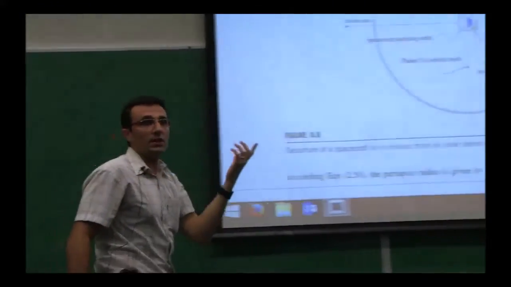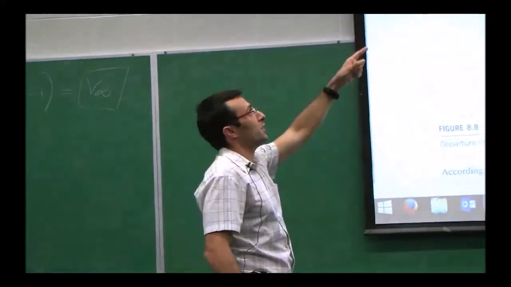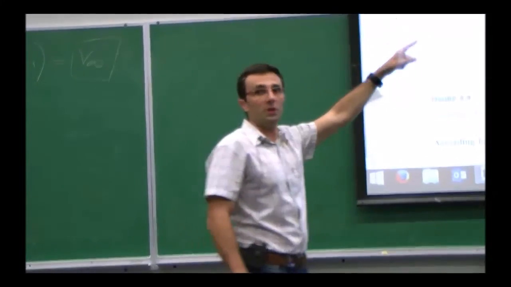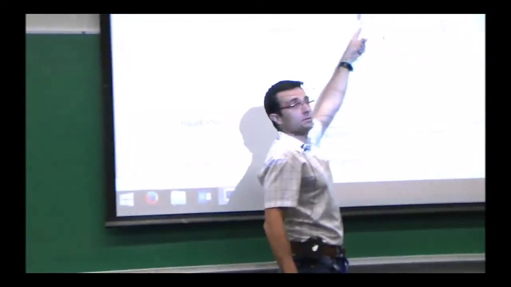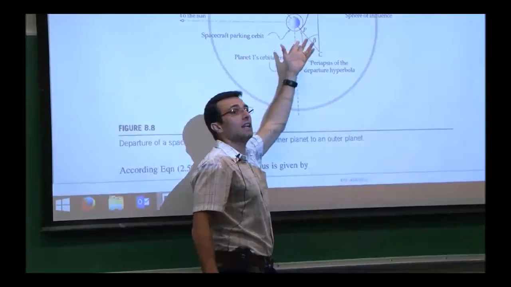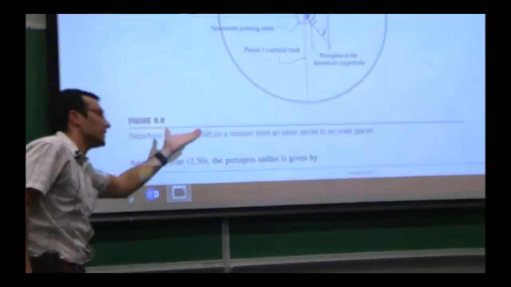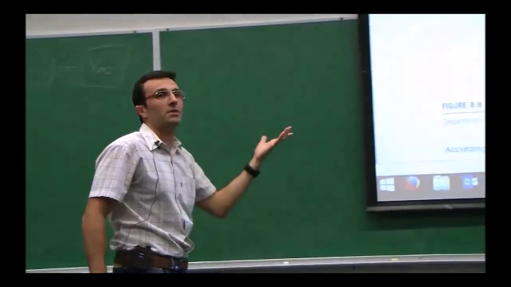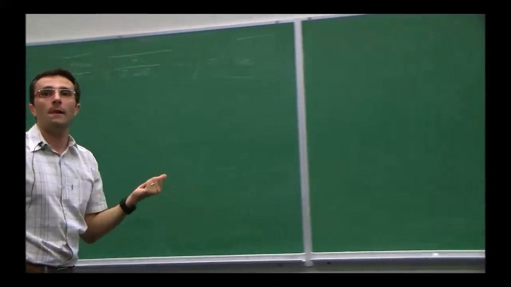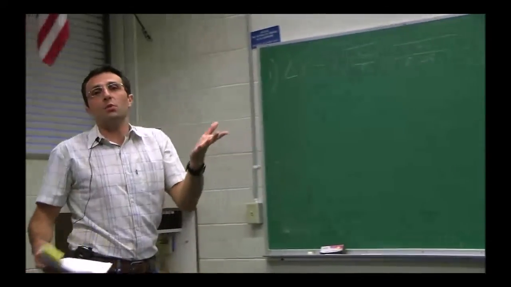So this is the difference now, that the delta V is not really occurring at the sphere of influence. You don't do anything at the sphere of influence. You do it here. Make sense? Unless you're launching from the planet already on a hyperbolic path, which I don't think anyone does.